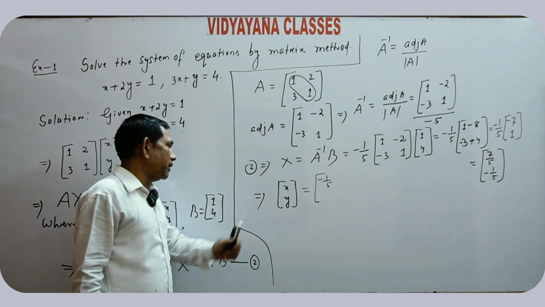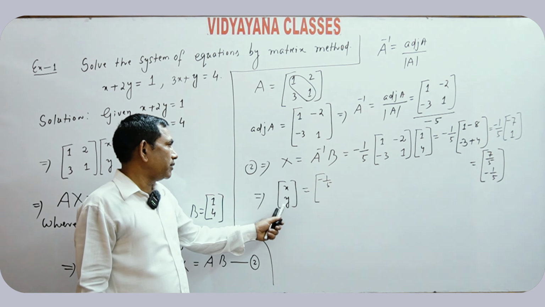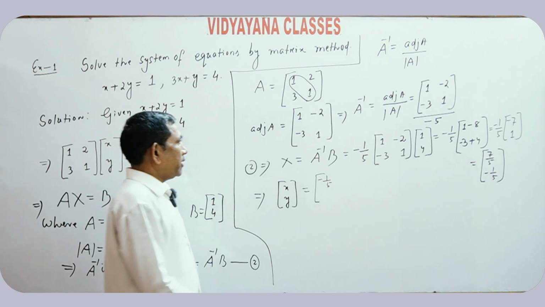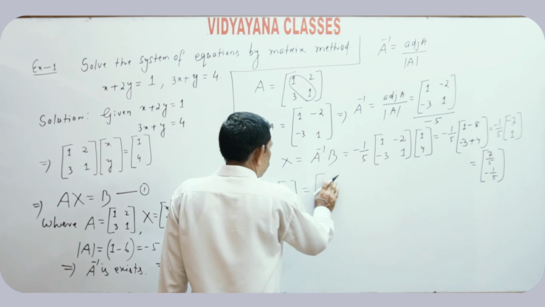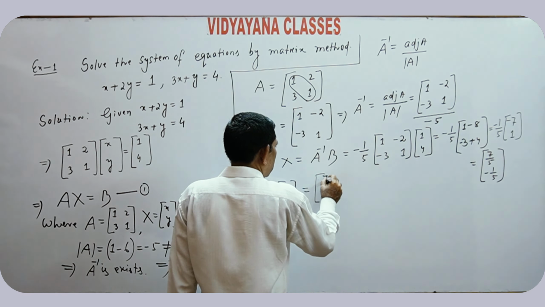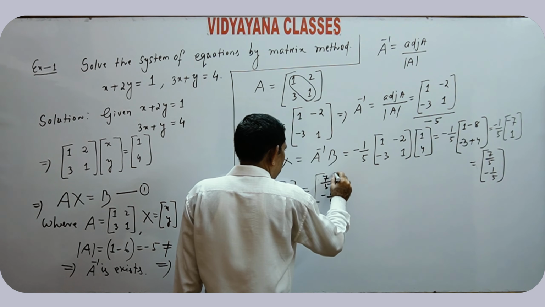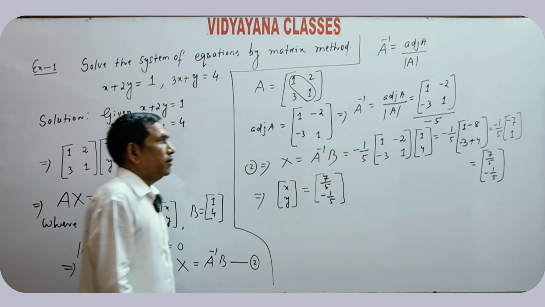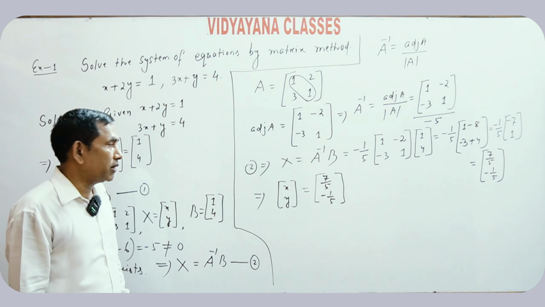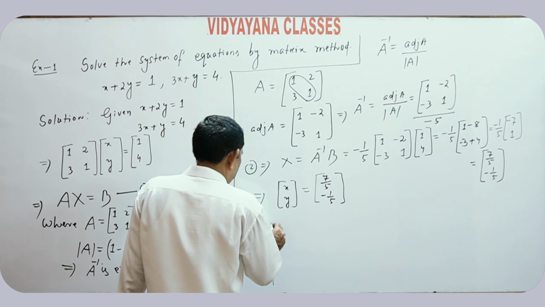Capital X is the matrix having elements x and y. The right hand side is 7 by 5 and minus 1 by 5. Clear? Okay.